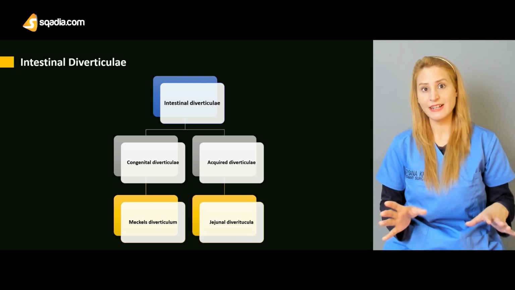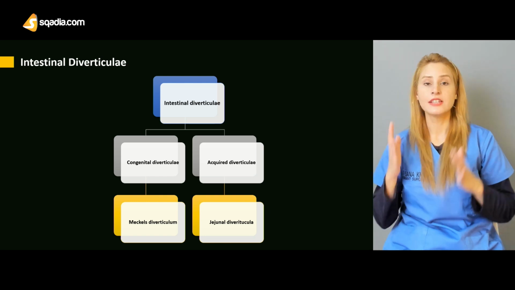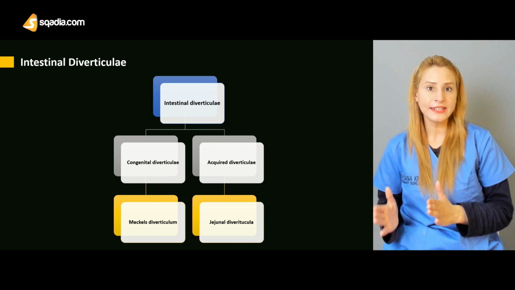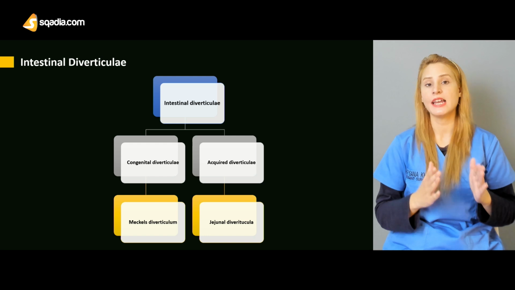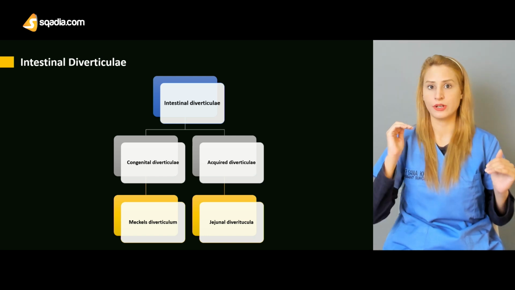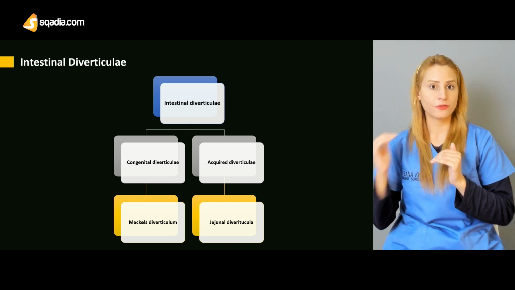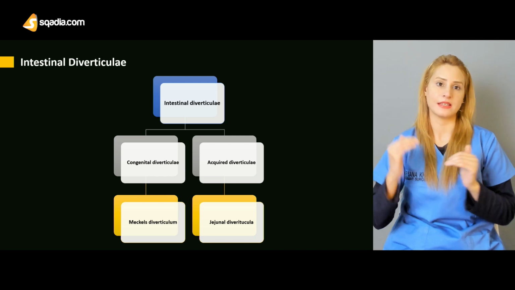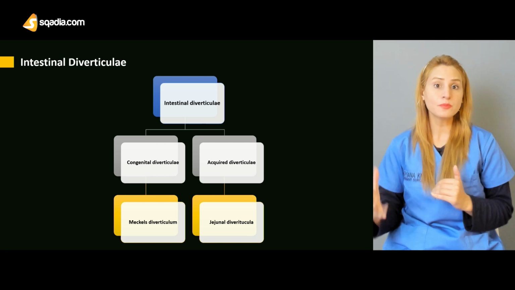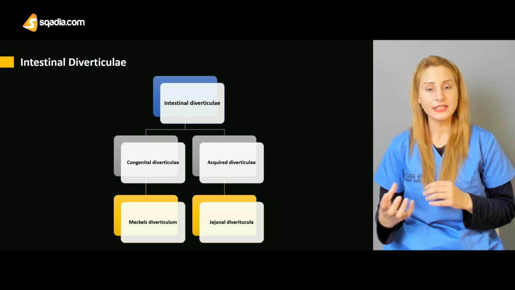So remember this classification: congenital diverticula and acquired diverticula. Congenital means they are present by birth, and acquired means they were not present at birth and have no relationship with congenital malformations or mutations. They are formed secondarily because of processes in the intestine, and the hypothesis is smooth muscle dysregulation and some kind of motility disorder.